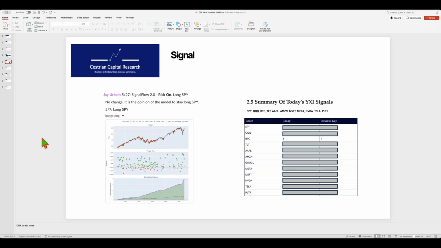So I'm going to say February this year, the signal flow long SPY service went to risk off, and it missed all of the sell-off through March, April, very successfully, because the model saw disturbances in the price pattern, rising volatility, and statistical data reminiscent of previous material corrections.